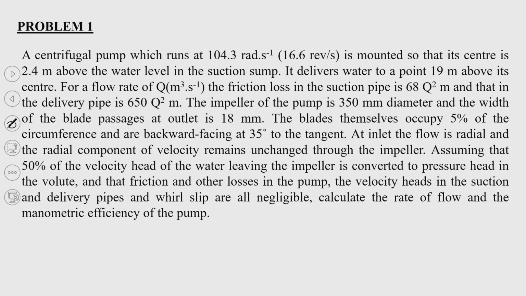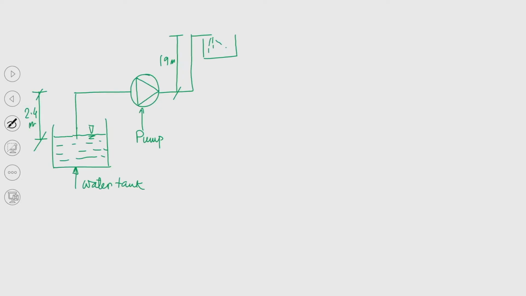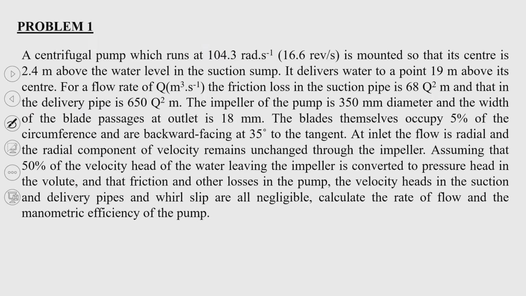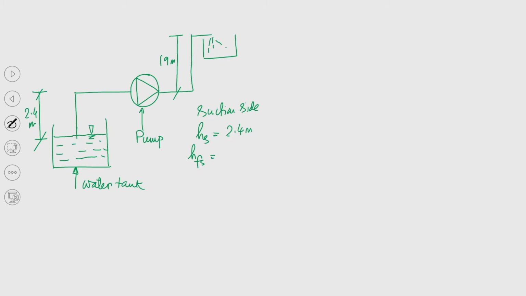So, if we write the friction loss in the suction line, on the suction side you can see Hs equal to 2.4 meter and HFS, that is given, 68 Q square, right. We have learned this from the previous classes, fine.